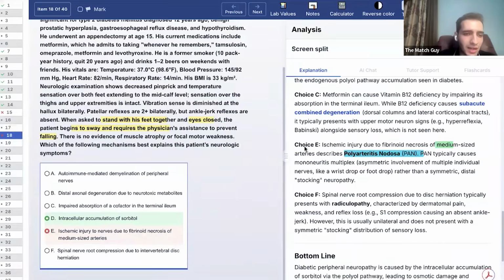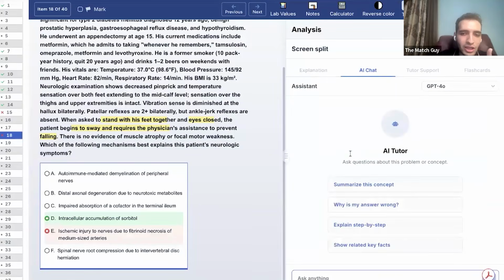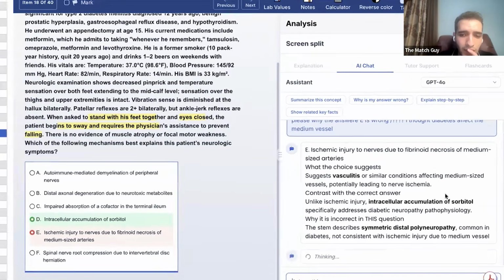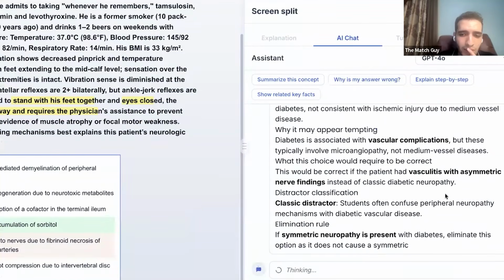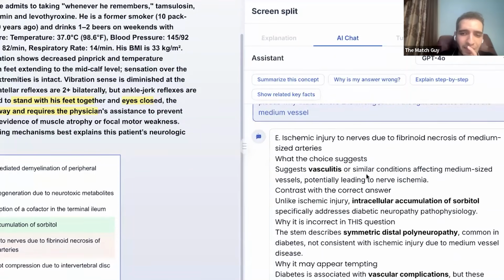So what should I do right now? I should learn from this, and I should also ask ChatGPT, please, why is answer E wrong? I thought diabetes affects the medium vessels. I'm telling you how I was studying for my Step 2. Okay, so E is wrong. Why? Okay, they are telling me here. E is wrong because ischemic injury and fibrinoid necrosis is vasculitis.